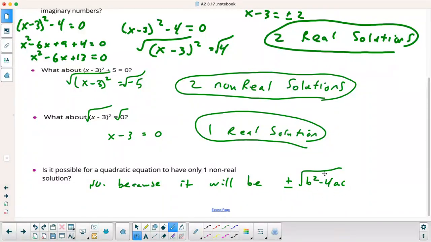So whatever negative I get underneath here, I'm going to add it and subtract it. So you're going to get two different numbers. So we will get two different complex numbers.